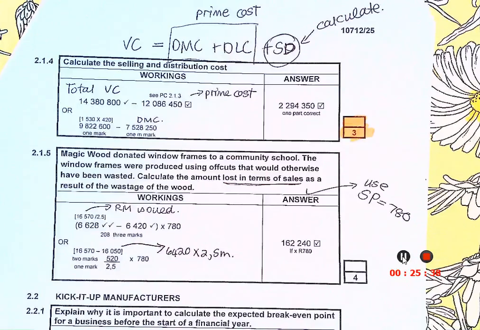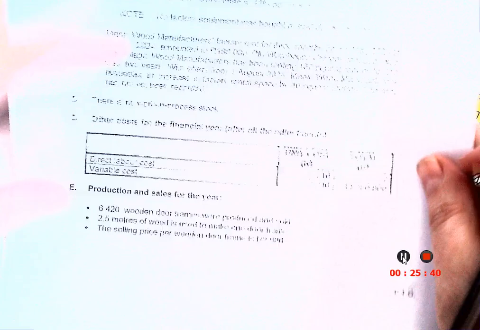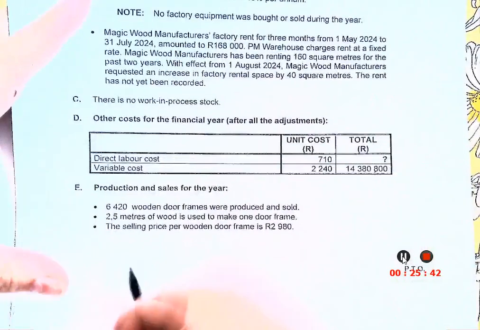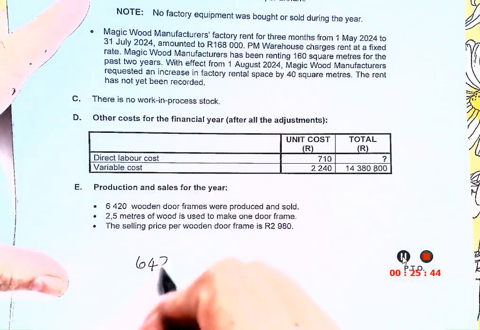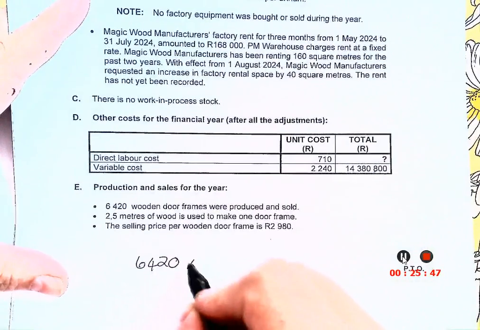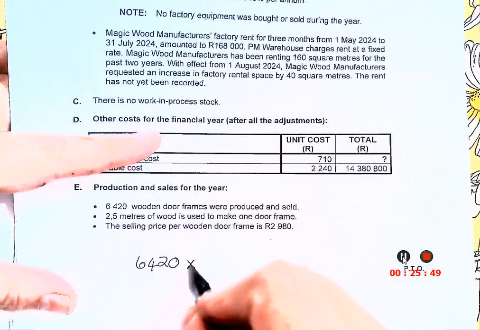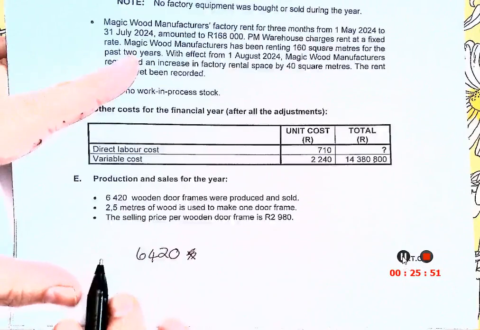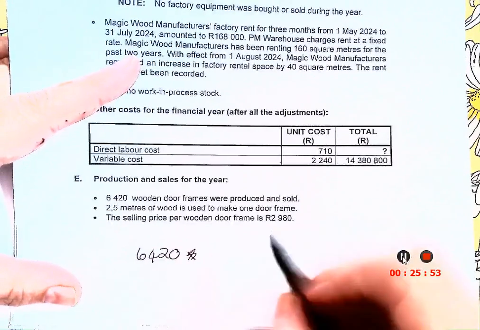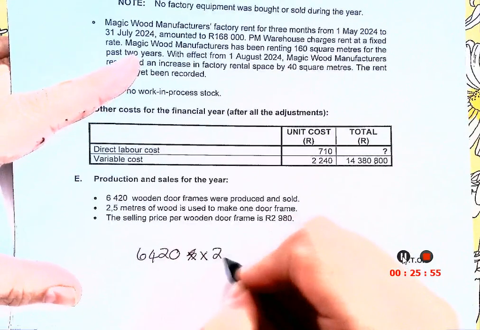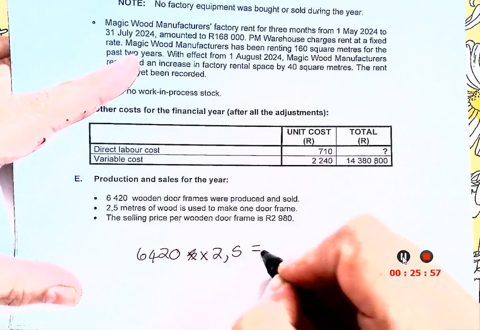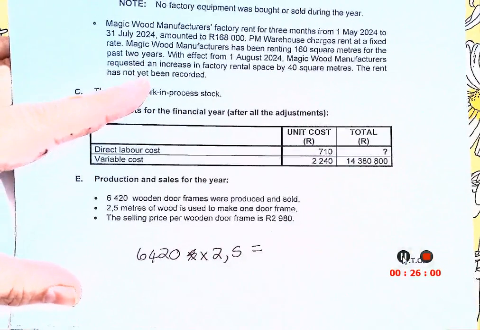So now let's see. How are we going to see it? If I have 6 for 20, né? And I'm supposed to use 2.5 meters, né? So how many meters did I use? I cannot hear you.